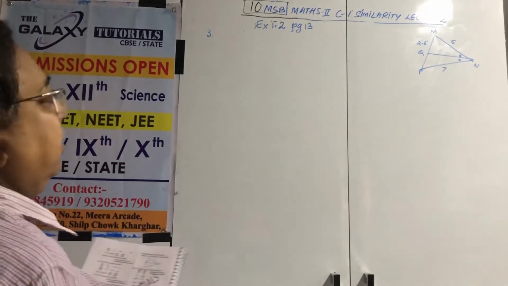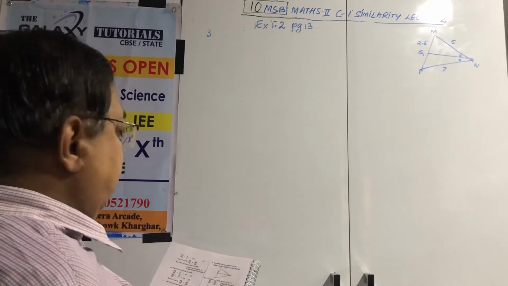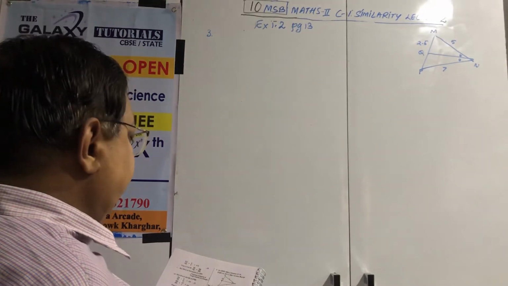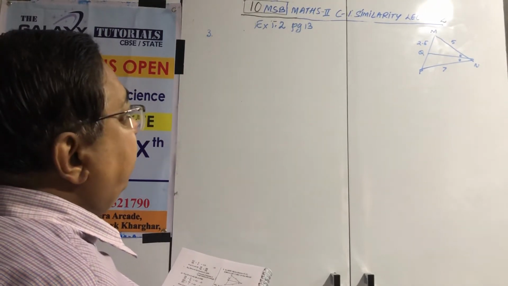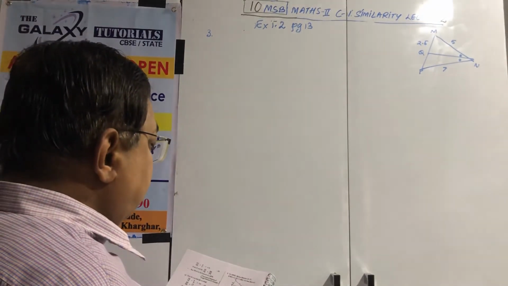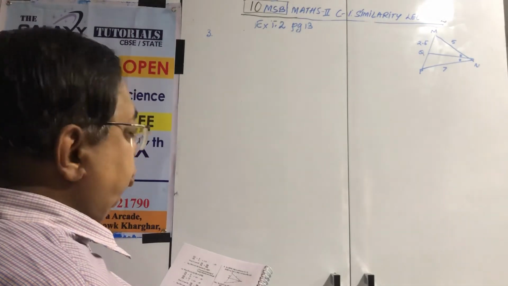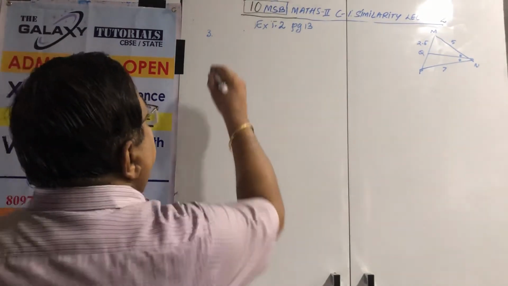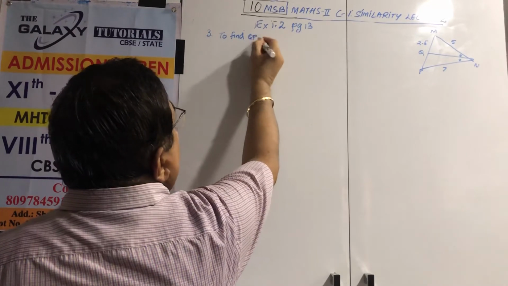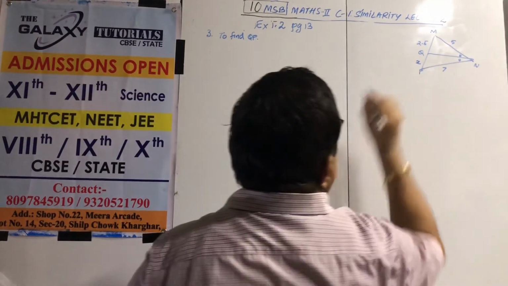So, in triangle MNP, NQ is the bisector of angle N. MN is 5 and PN is 7. And MQ is 2.5. Find QP.